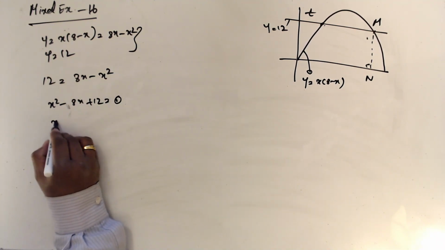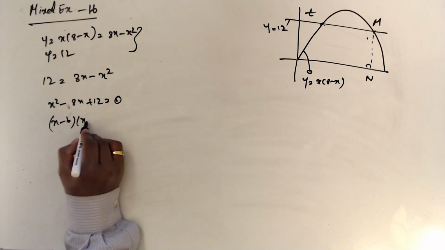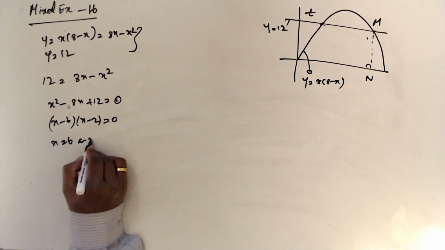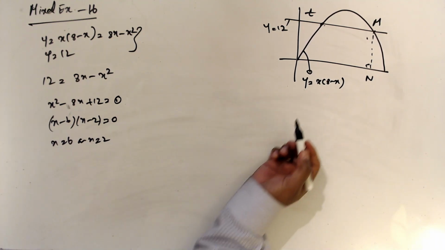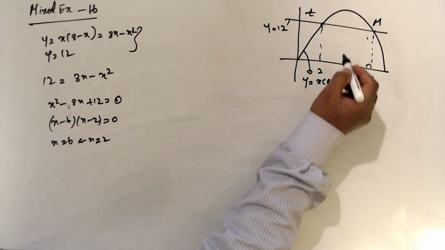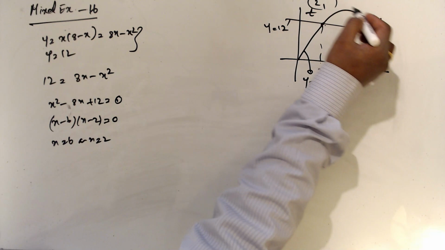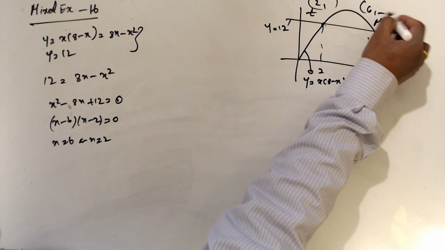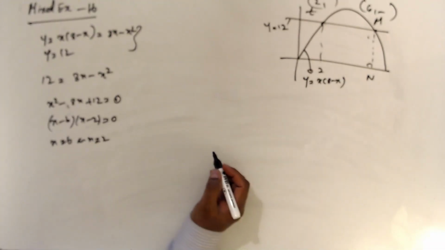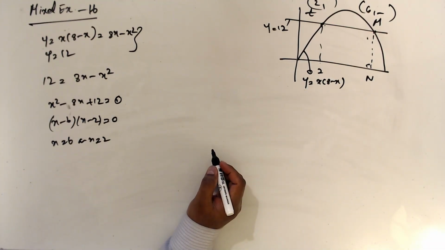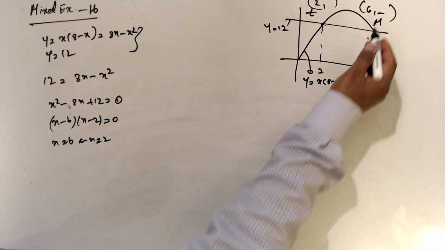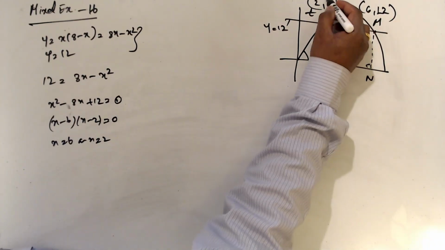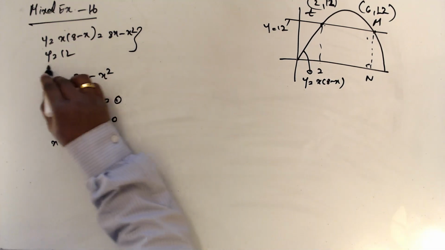So this is going to be (x minus 6)(x minus 2) equals 0, x equals 6 and x equals 2. This is the value 2 and this is the value 6. So we need to find the coordinate of M. At this point, the y value is 12 because y is 12.